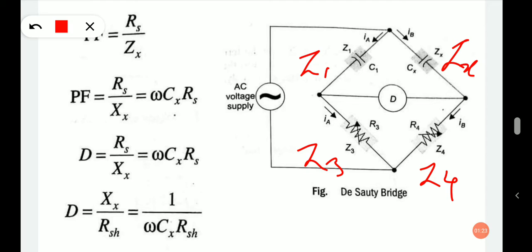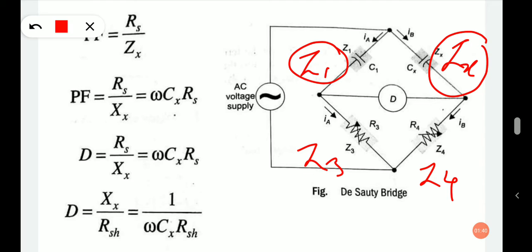Notice that Z1 is a standard capacitance, while Zx is the unknown capacitance to be measured.